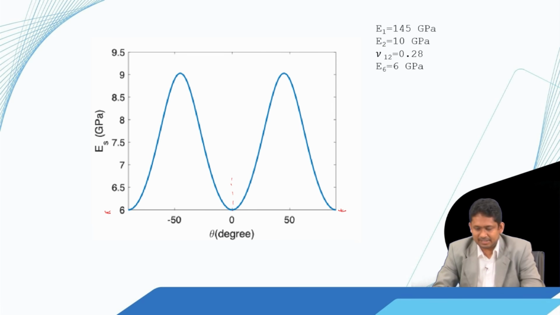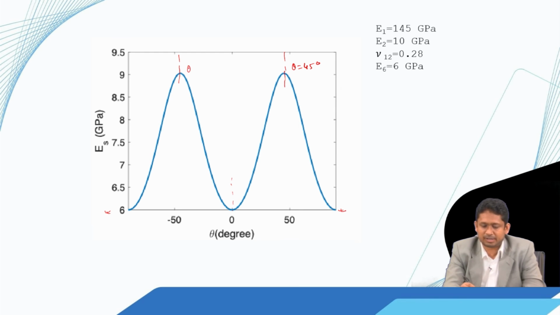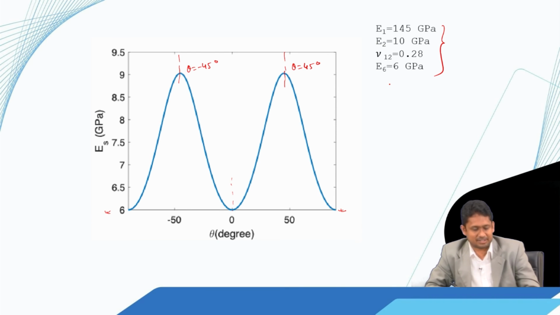Es has its maximum value when theta is equal to 45 degrees, and also when theta is equal to minus 45 degrees. These graphs are plotted by using these values of engineering constants.